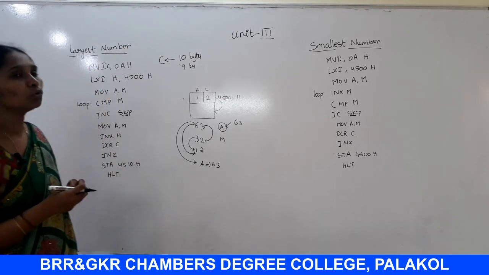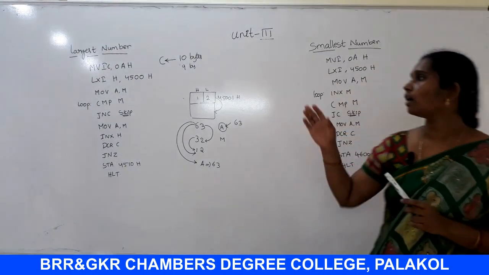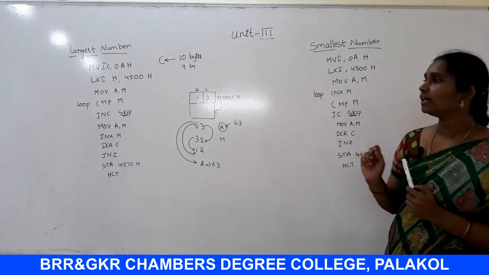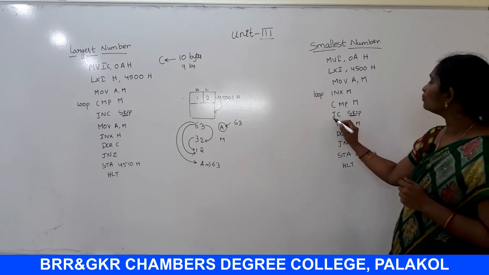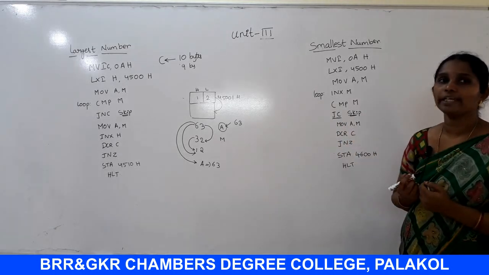Now we will move to the smallest number. Both use the same logic, but the difference is that here we use jump carry, whereas there we used jump no carry.